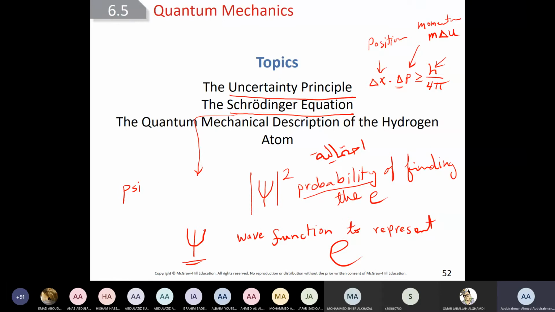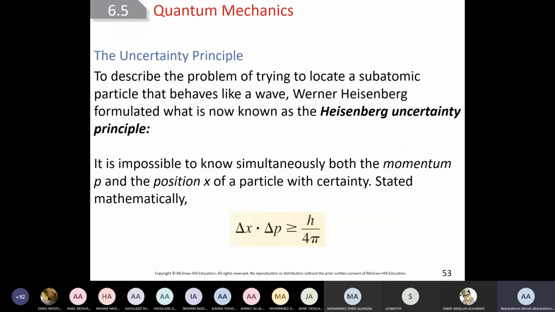So this wave function can make calculations to represent the electron. And this psi square tells you where to find the electron exactly. And by doing this, as I said, what's the name of this equation? Heisenberg. Give me the full name.